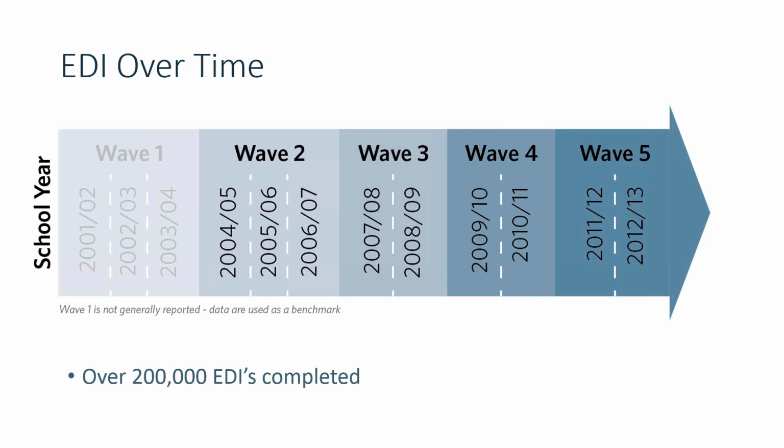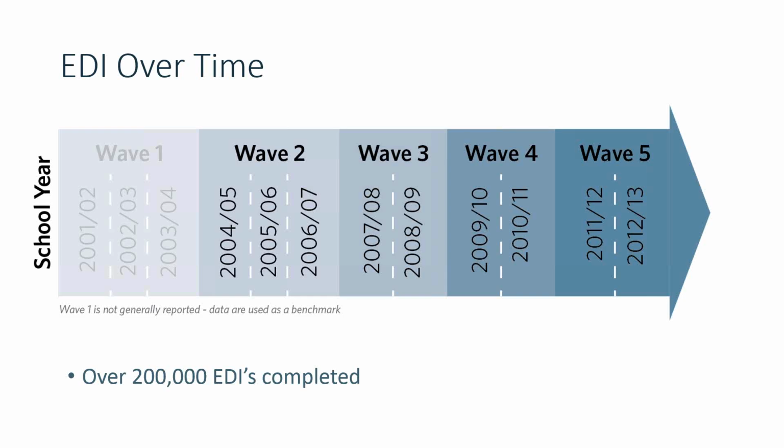And in your part of the world, you have always been strong proponents and participants in EDI. So in fact, both School District 5 and School District 6 have participated in every year of data collection since 2004. So when you see the results, those are rolled up.